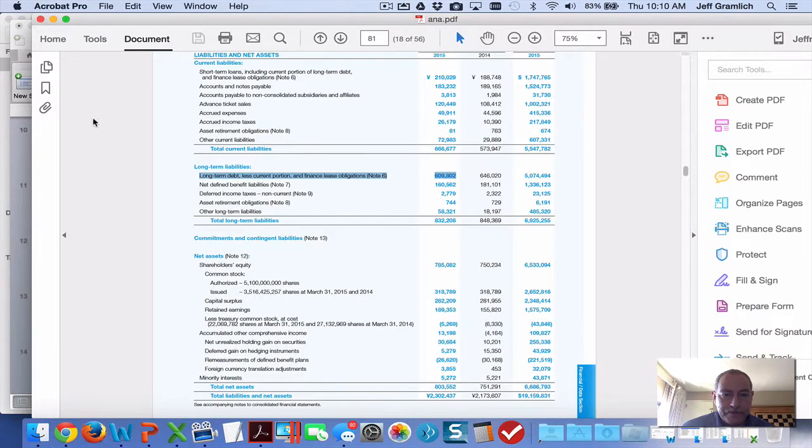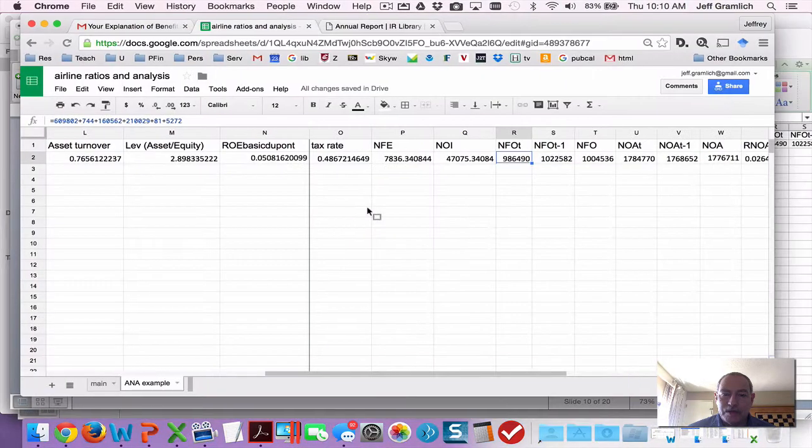744 is the asset retirement obligations, and I didn't know what that was, so I looked at note 8, and sure enough, there's interest on that. And anything that has interest, we're going to include. We're also going to include the pension obligations. That's going to be included, so we add that. So that's the 160. And then we also have the current liabilities that have interest on them.